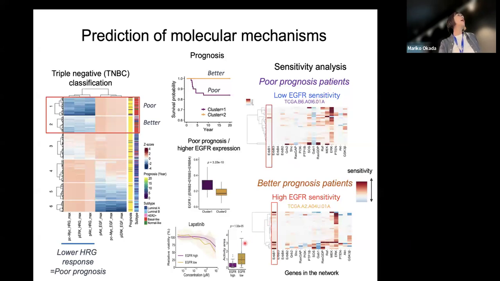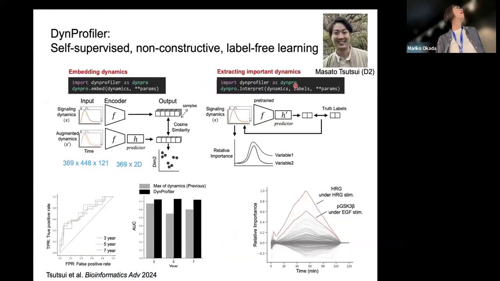Then we analyzed public data to validate this hypothesis, and indeed the EGFR inhibitor did not respond very well in this prognosis group. So that was the basic pipeline we used to develop the patient-specific model.